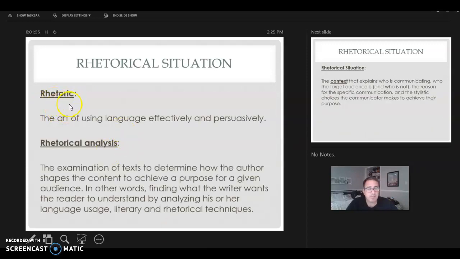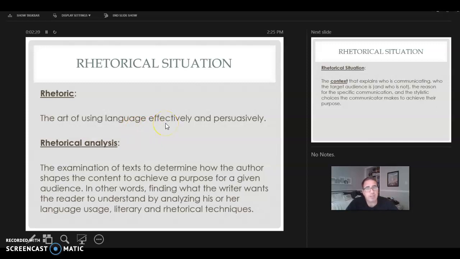Rhetoric is often a demonized word, but it just means the art of using language effectively and persuasively. Usually when we hear the word rhetoric, it's being used to describe empty language, like, oh, that's just empty rhetoric, or that's just political rhetoric, and it's used dismissively to describe manipulative and empty language.